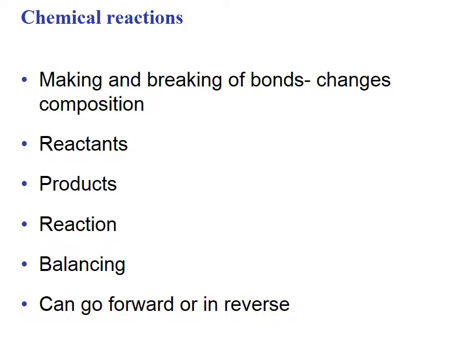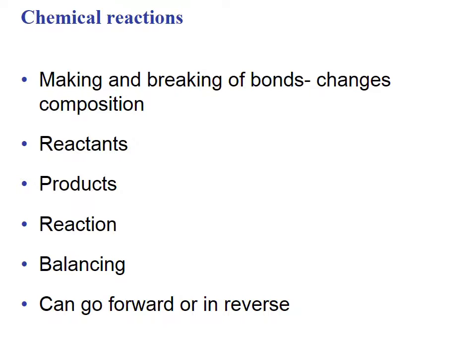Okay. Now you have chemical reactions, which basically involve making and breaking of bonds, which changes the composition of what you started with, and you end up getting something else. So you cannot make something out of magic. You can only make something out of what exists by changing the bonds, moving things around, changing the proportions, and then you end up getting the products.